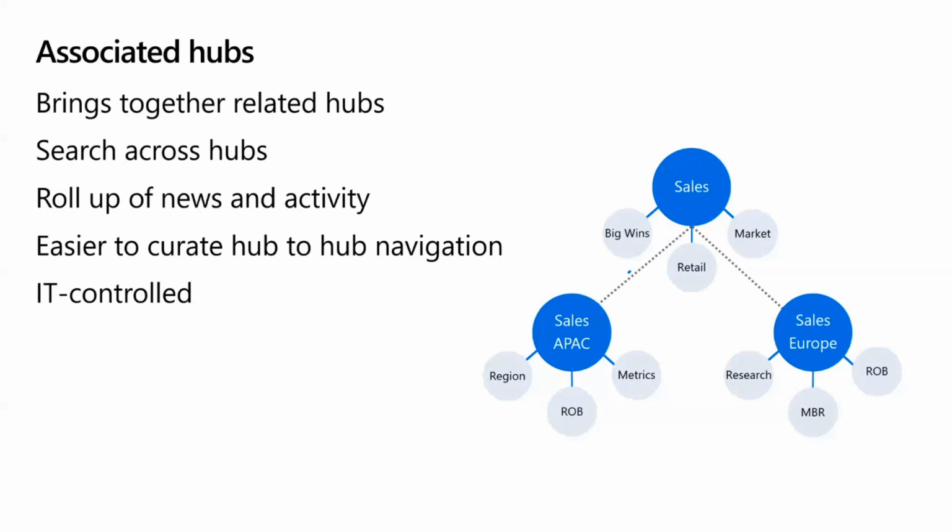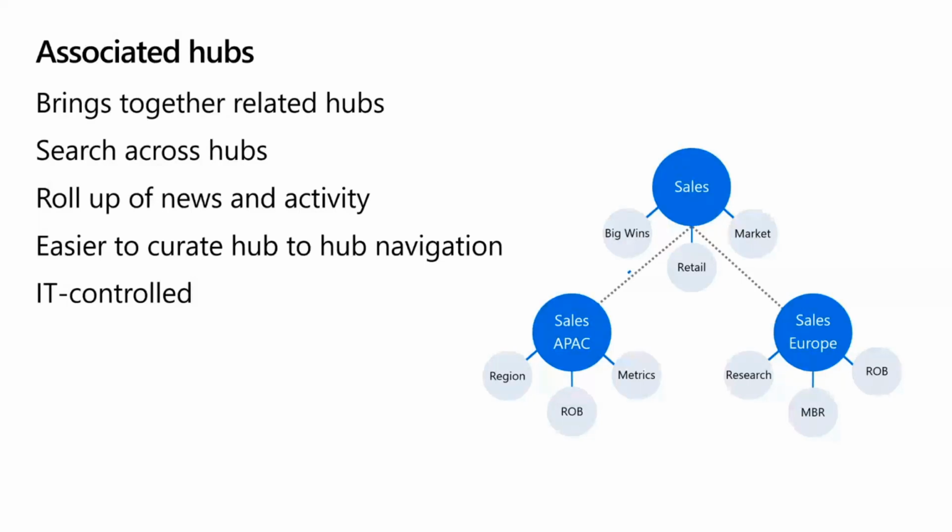It'll also roll up news and activity. So you'll be able to roll up news from APAC and Europe, not only the hub site, but the hubs themselves. And we make it easier to curate hub to hub navigation. We are not stacking navs, so you're not getting a nav on top of a nav on top of a nav. We already have too many. Consider the Office 365 suite bar at the top, and then you have the hub nav, and then you have the header.